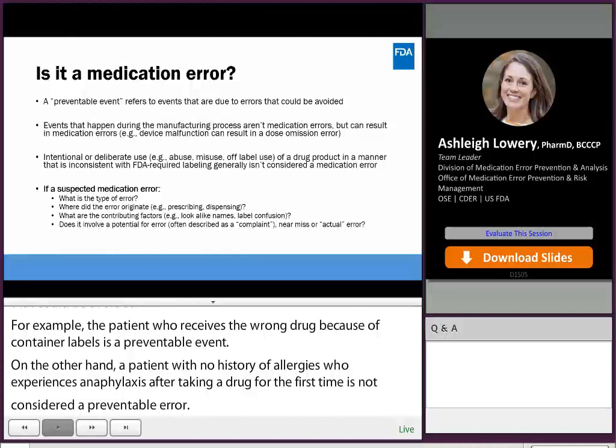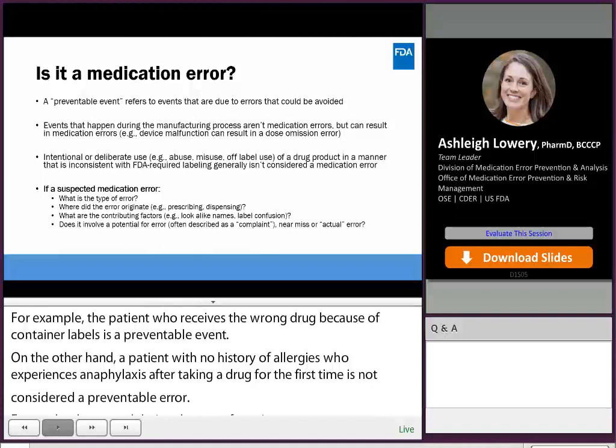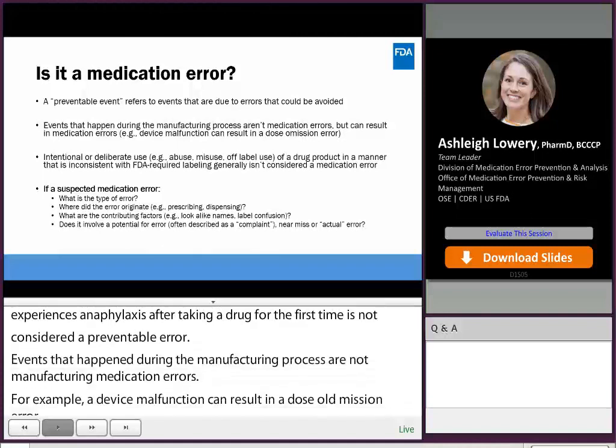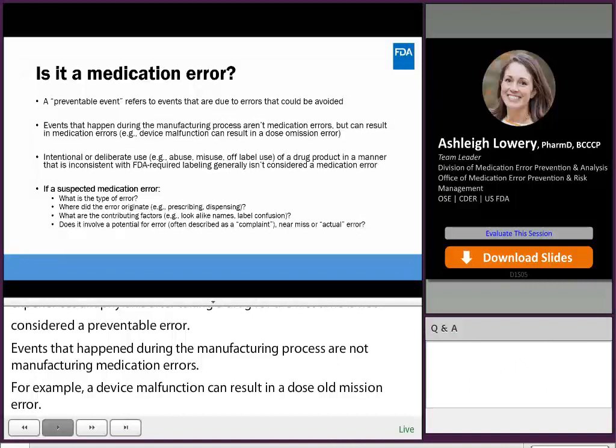Also within the definition, intentional or deliberate use, such as abuse, misuse, or off-label use of a drug product in a manner inconsistent with the FDA required labeling, generally isn't considered a medication error. Medication error may or may not result in an adverse event.